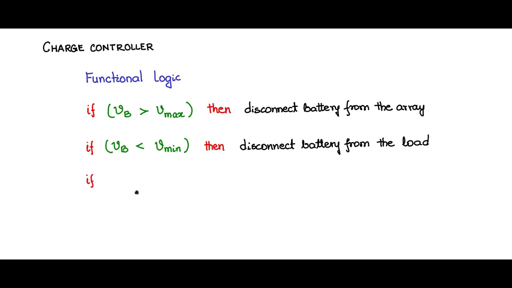Another third condition: if the battery voltage is in between Vmin and Vmax, the predefined minimum and maximum voltage, then during that condition both the PV and the load can be connected to the battery, and they will all be operating within the zone of the maximum power point of the IV characteristic of the panel.